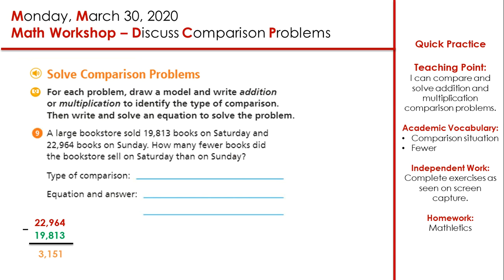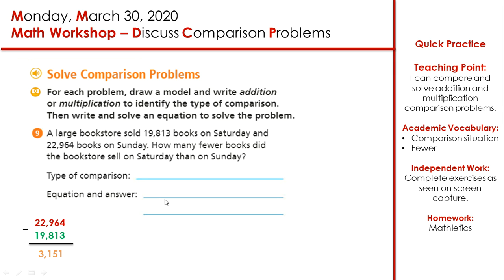All right, on our next situation, we're going to be solving situations where we're supposed to use either addition or multiplication. You will need to identify the operation that you need to use and then identify the type, for example, if it's either addition or multiplication. And then you're going to write the equation that you used and the answer, right?